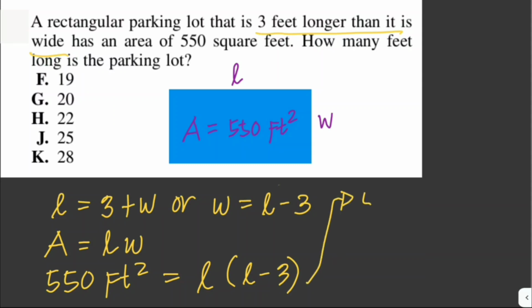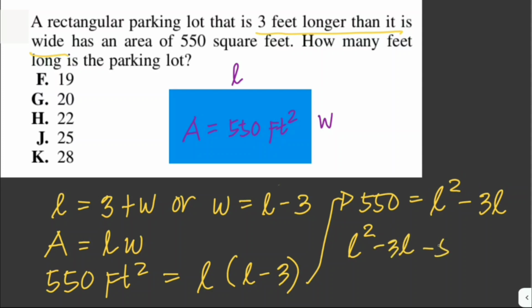So we have 550 equals L squared minus 3L. So we have a quadratic equation here. We can put all of the terms on one side. Let's put everything on the left, or on the right, and this would be L squared minus 3L minus 550 equals 0.